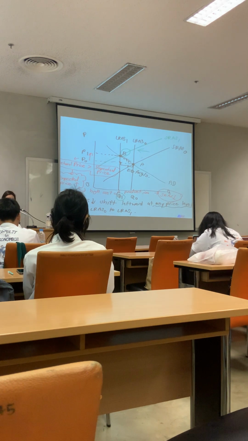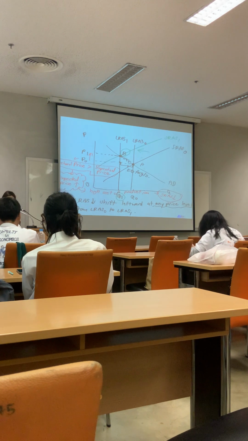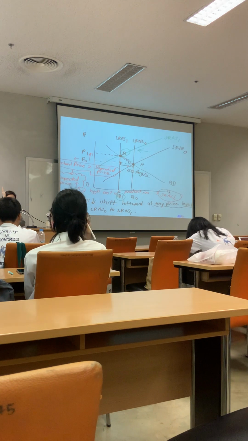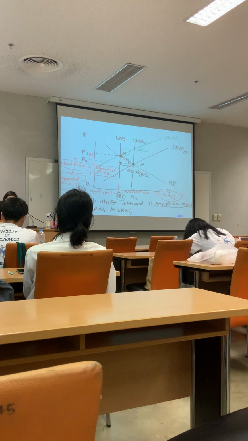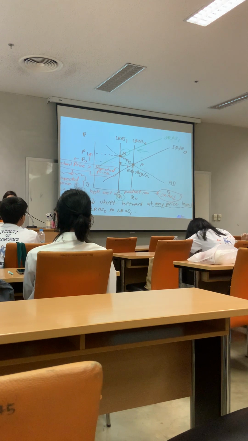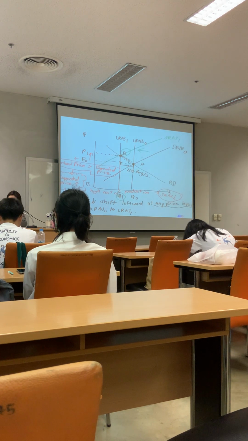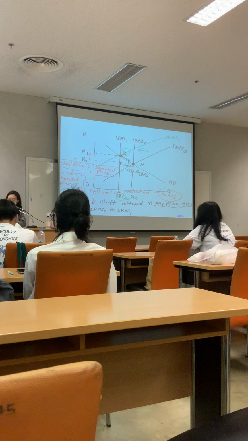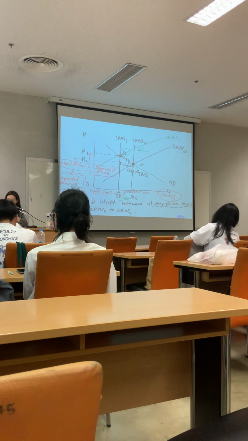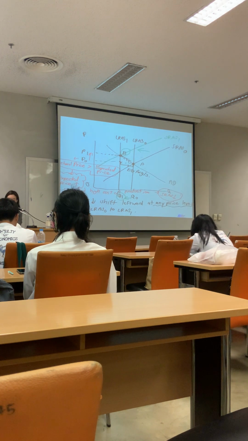Usually when you shift the SRAS curve first, the full employment stays the same, right? But this case is quite different, because at first you shift LRAS, so you change the full employment equilibrium. But usually if you shift the SRAS curve first, the full employment equilibrium is the same.